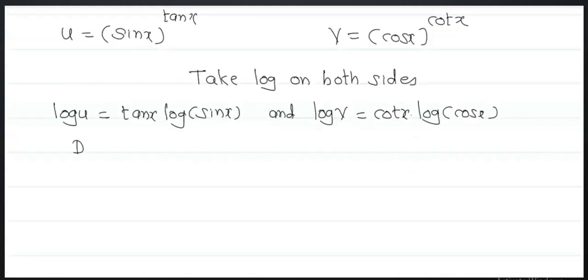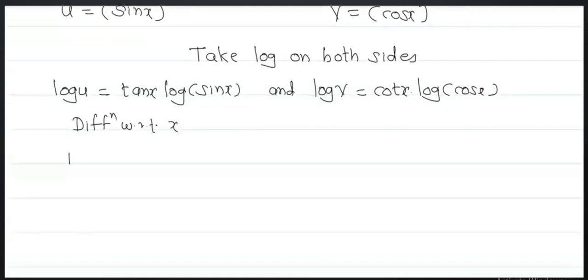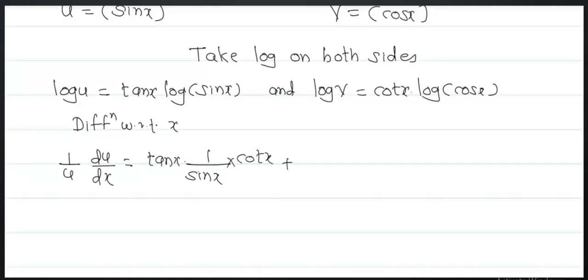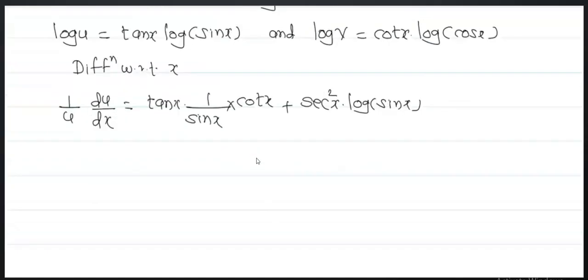Now differentiate this with respect to x. Therefore, 1 upon u du by dx is tan of x into 1 upon sin x into derivative of sin x is cos x. By mistake it is a cot. This is the cos.